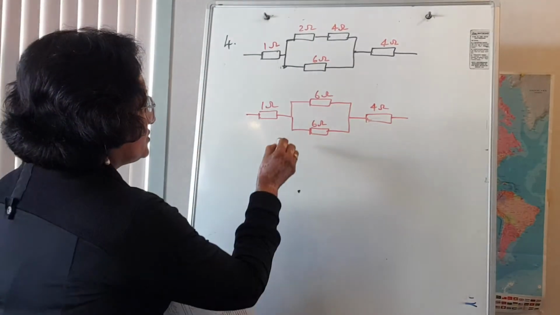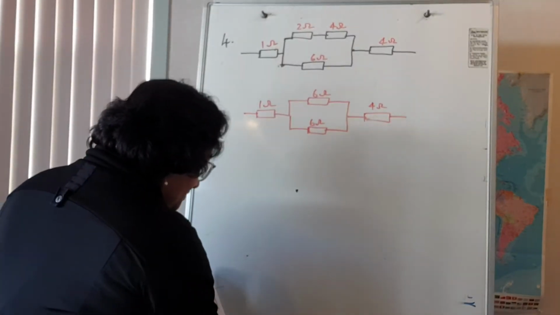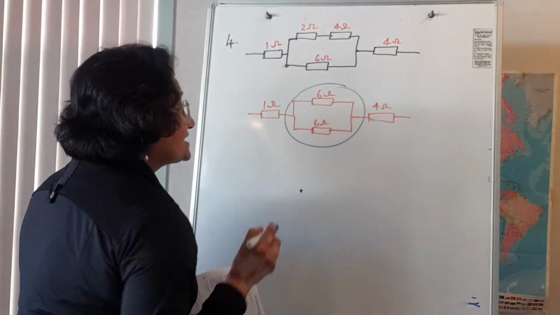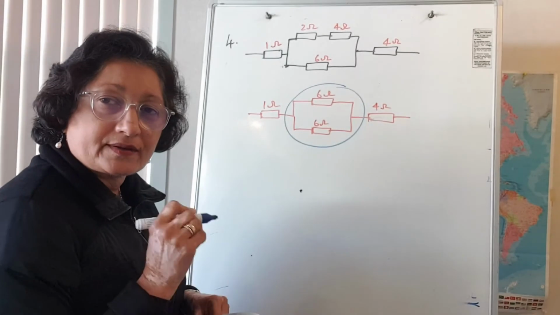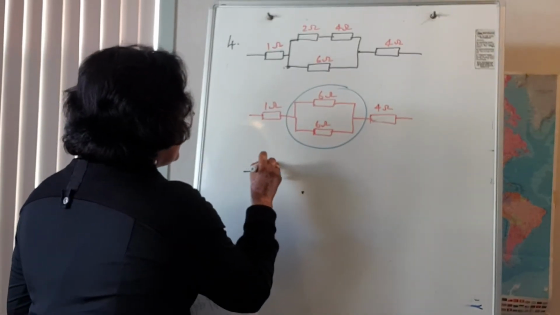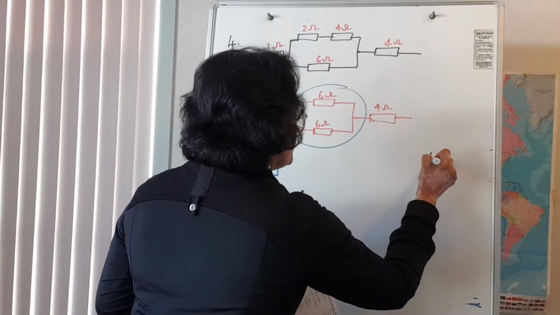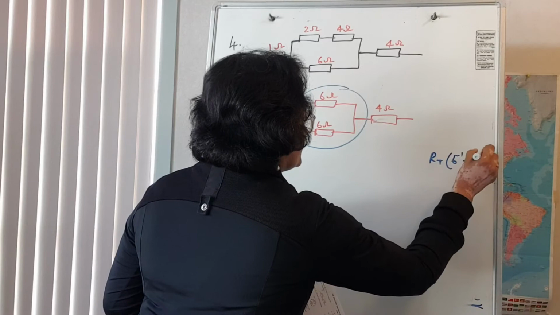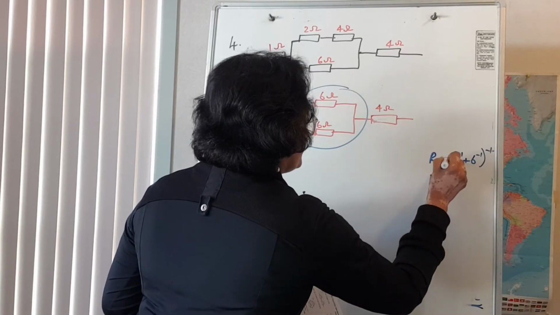The next step is you're going to replace the two resistors that are in parallel by a single resistor. So you've got your 1 ohm, and then you've got 6 to the power of -1 plus 6 to the power of -1.